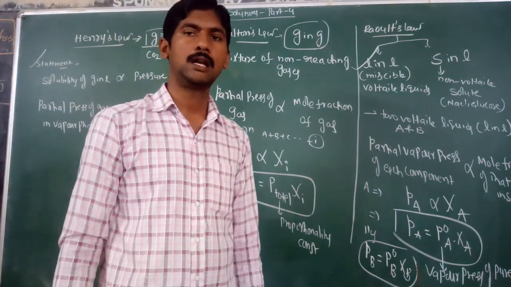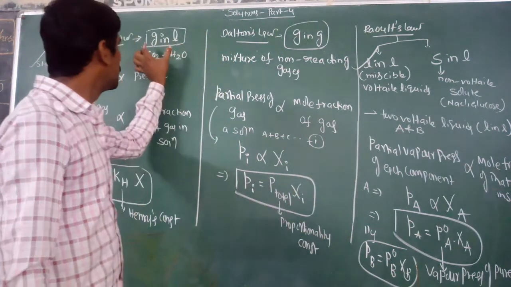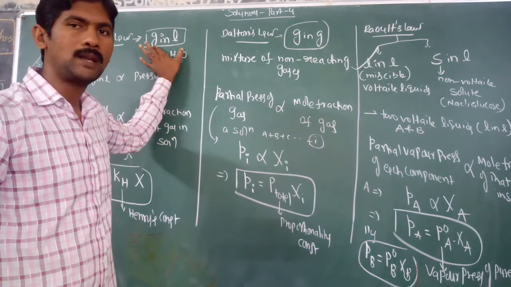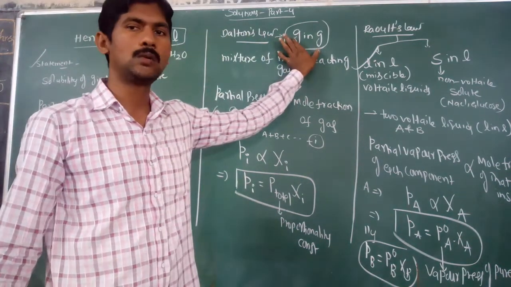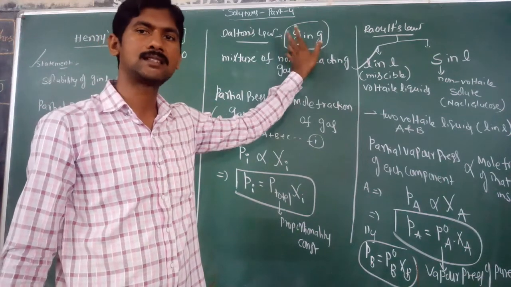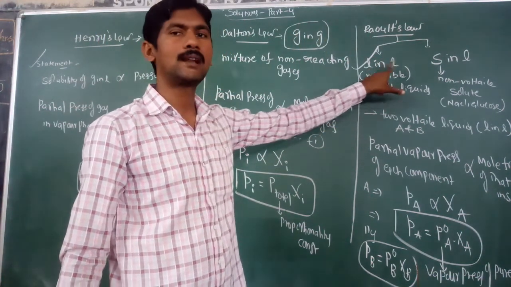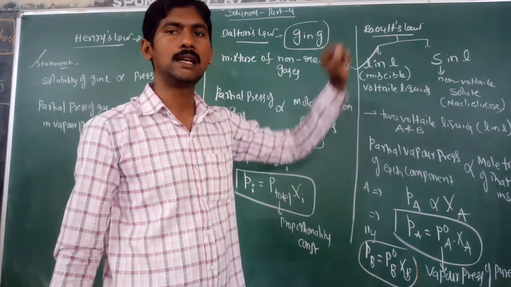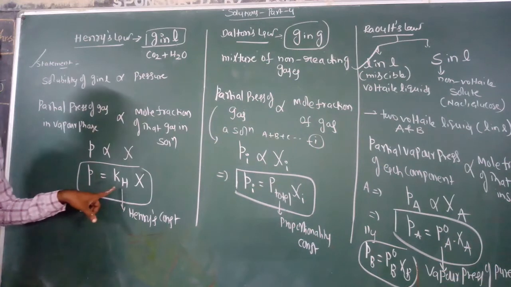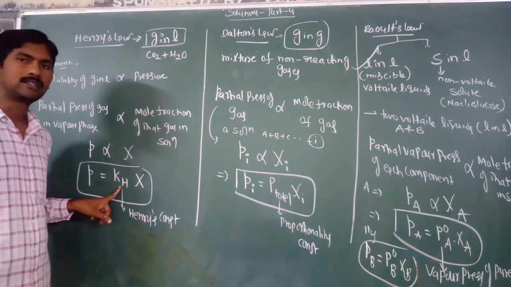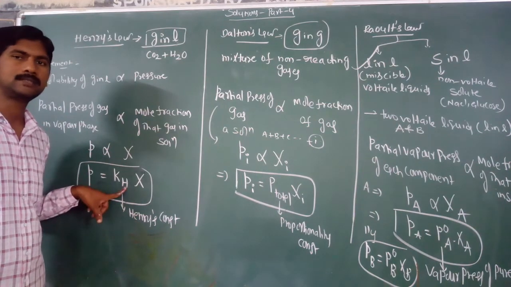I think all of you got it clarified. So there is a small difference. Henry's law is applicable to gases in liquid systems. Dalton's law is applicable to a mixture of non-reacting gases, where both the components are gases. Raoult's law is applicable to either liquid in liquid systems or solid in liquid systems. And one more difference: in Henry's law, the proportionality constant is Henry's constant, Kh.